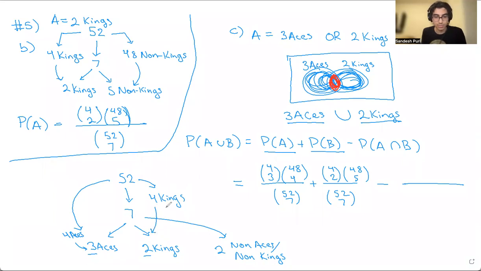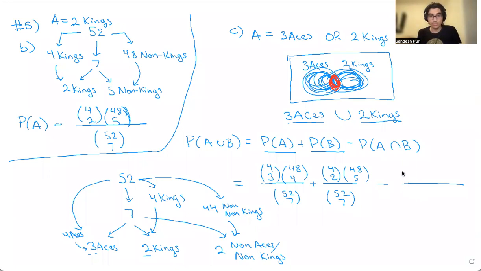Sorry if this diagram is a little bit confusing. And if 4 cards are kings and 4 cards are aces, the remaining 44 cards are non-aces and non-kings. So now we have a clear idea of where our cards are coming from.